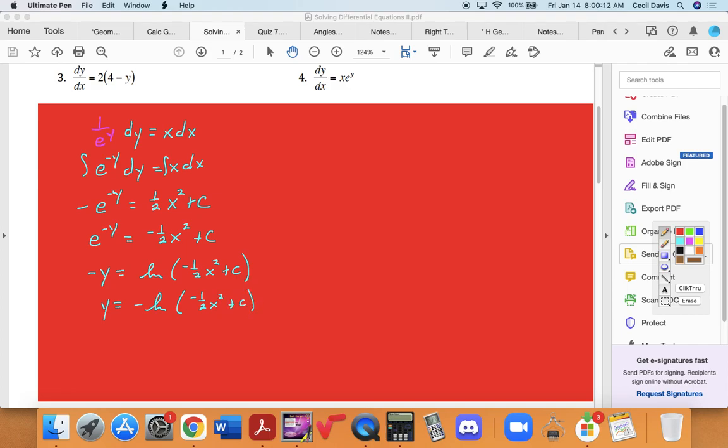And notice that this is not a continuous function, right? So we need to think about what the domain is going to be there. I need for negative 1/2 x squared plus c to be greater than 0. So that would mean that c needs to be greater than 1/2 x squared.